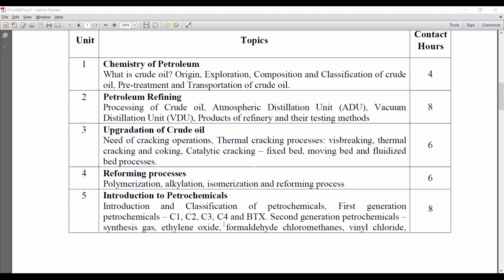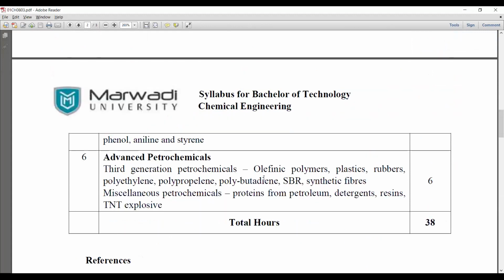First generation has C1, C2, C3, C4 and BTX. Second generation petrochemicals include syngas, ethylene oxide, formaldehyde, chloromethane, vinyl chloride. Third generation petrochemicals are olefinic polymers, plastics, rubbers, polyethylene, polypropylene, polybutadiene, SBR.